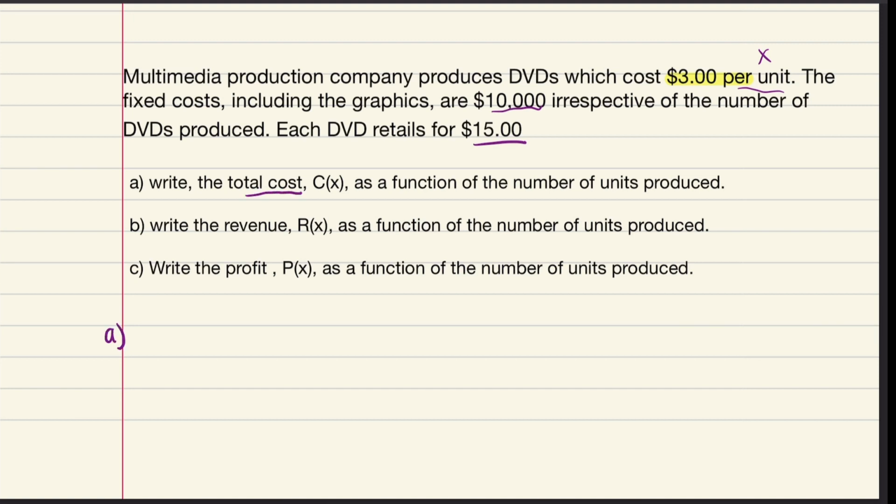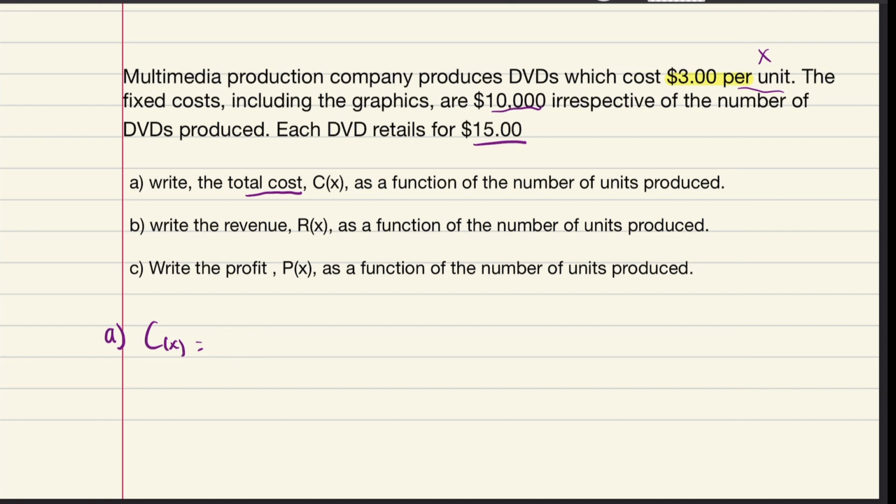So for A, if we think about C at x as the cost, we know that it costs $3 per unit, and then $10,000 regardless of how many CDs are sold. So let me just rewrite this here.